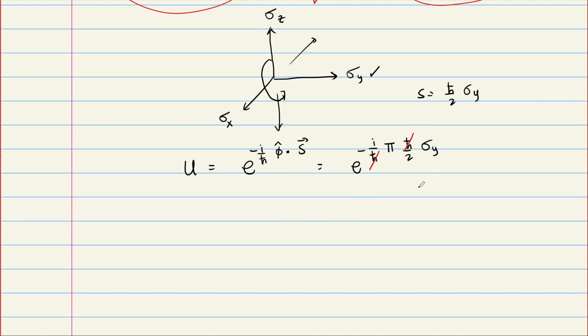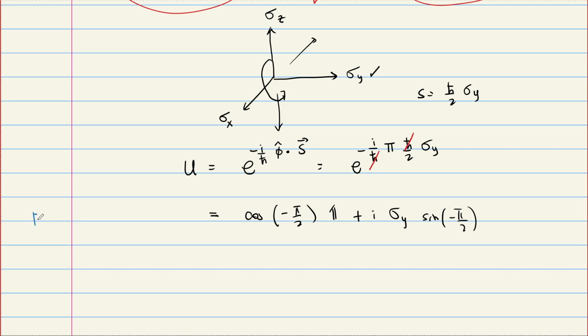And hopefully that's right. Do you have a question? No, okay. Hopefully you also look at the exercise, so we can write this as cosine of minus pi over 2 times identity plus I sigma y sine of minus pi over 2.